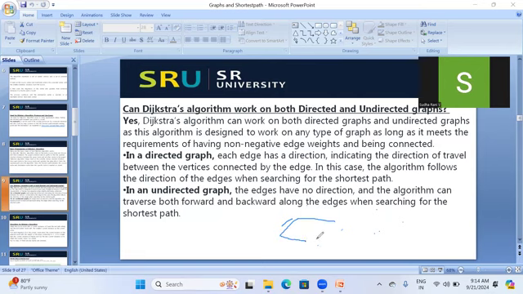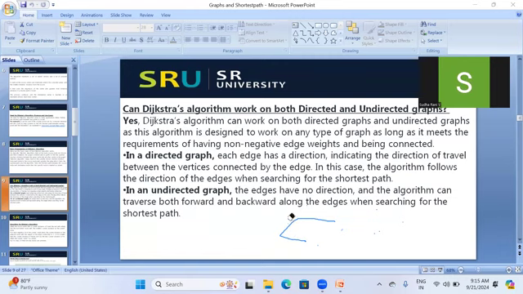From this node, we have two possibilities: either we can traverse from here to here, or here to there, if these are 0, 1 and 2. But if the direction is already defined, then even if we have two possibilities, we have to traverse from 0 to 2 instead of 0 to 1, because the direction is already specified. This kind of graph is called a directed graph.